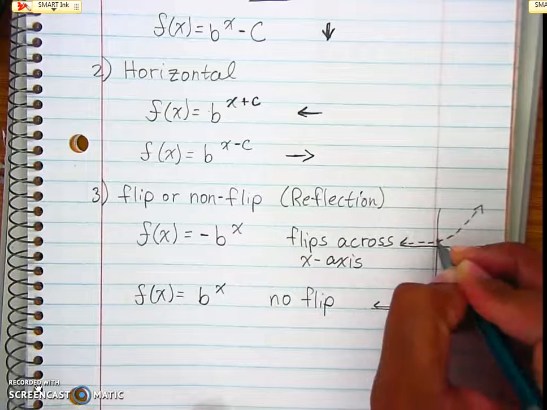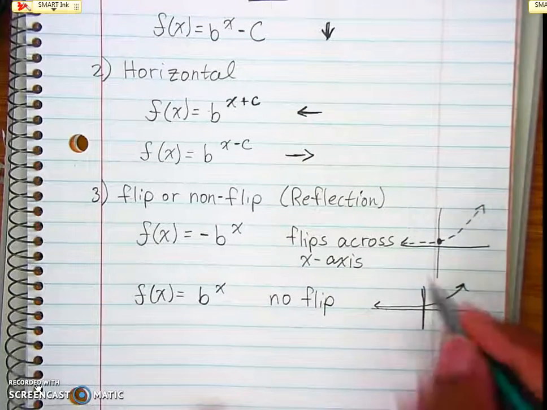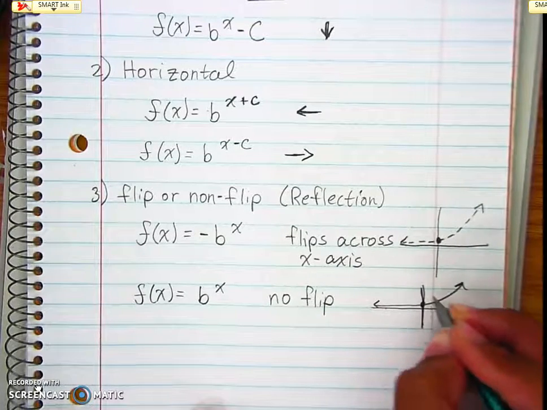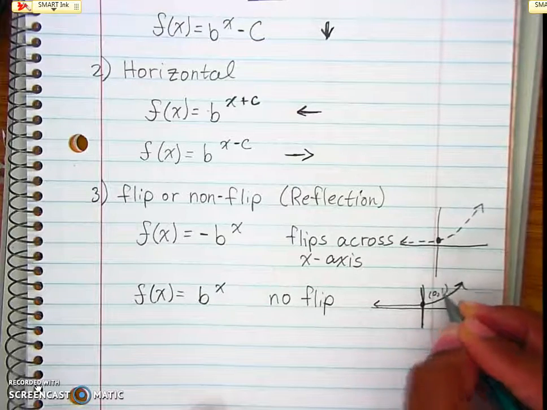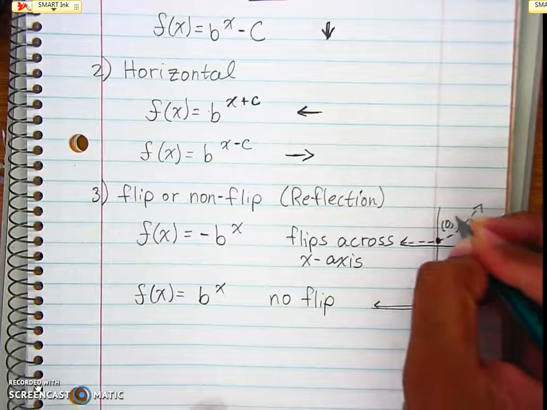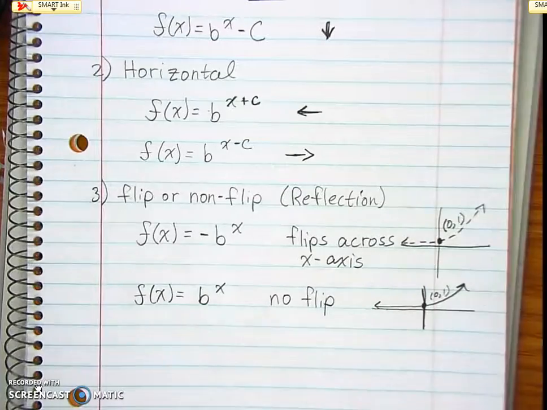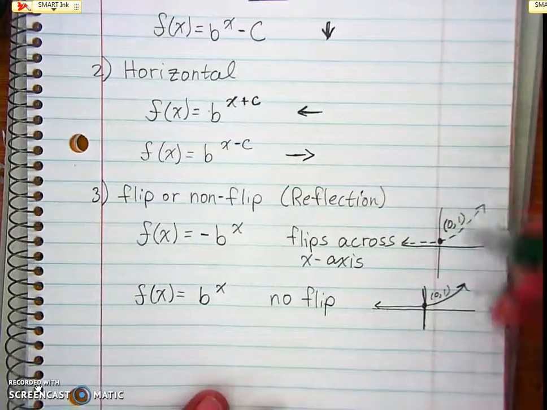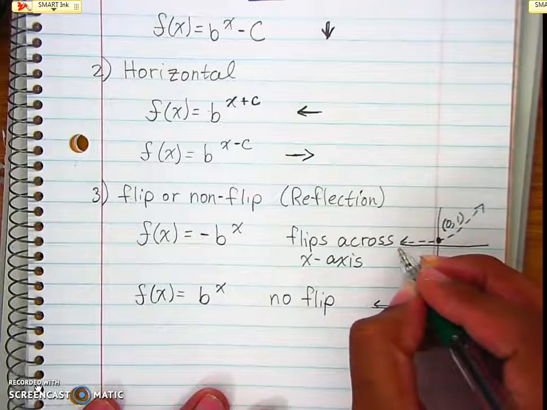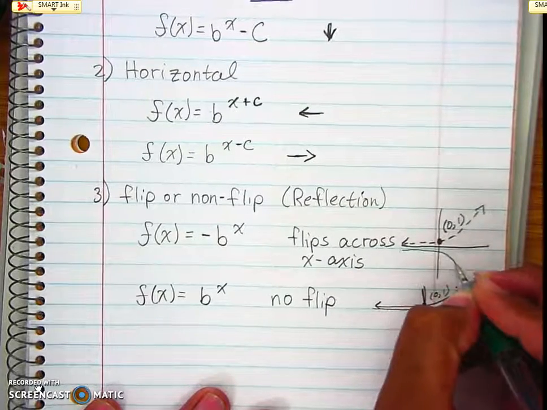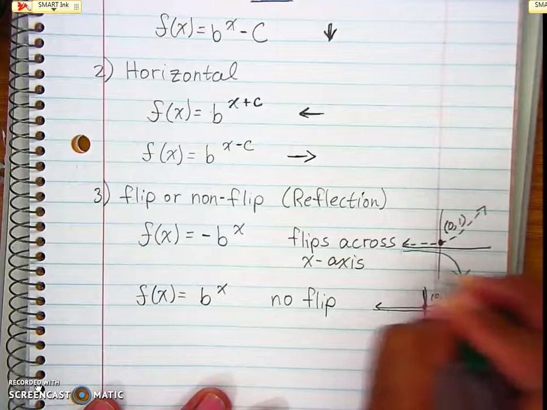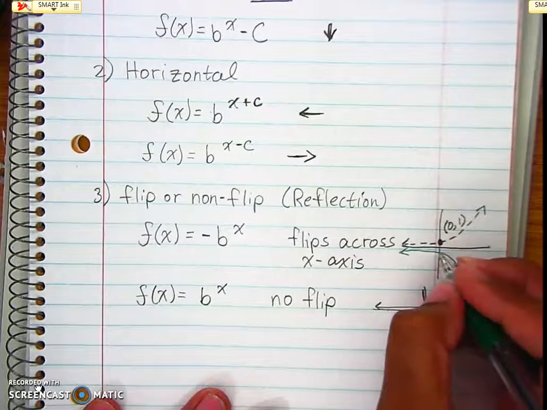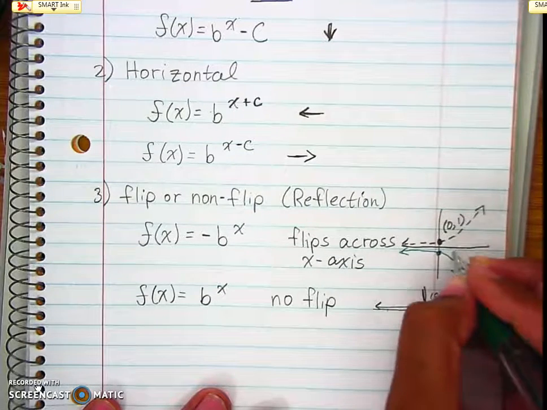Remember, it goes through 0, 1. That happens for every exponential function unless you do a transformation to it. But if you flip it, that means it's going to flip across the x-axis, so it's going to flip down. So it looks like that. And this point here is at 0, negative 1.